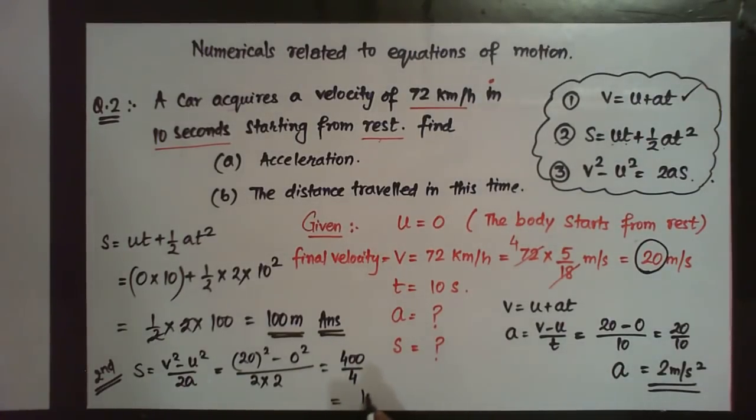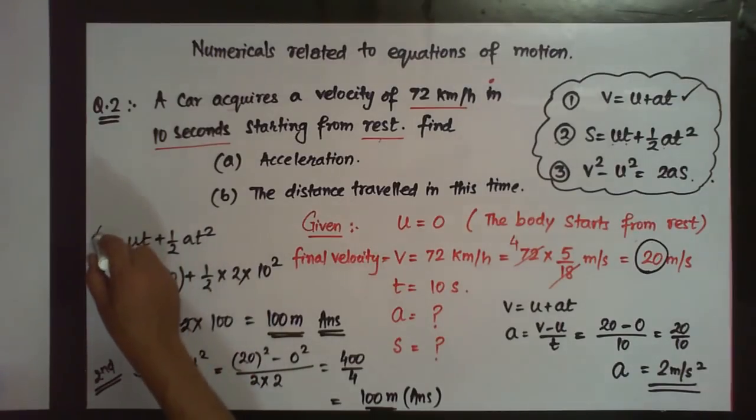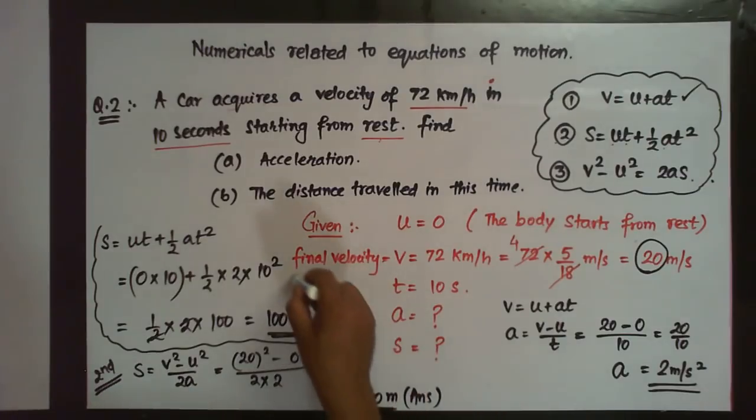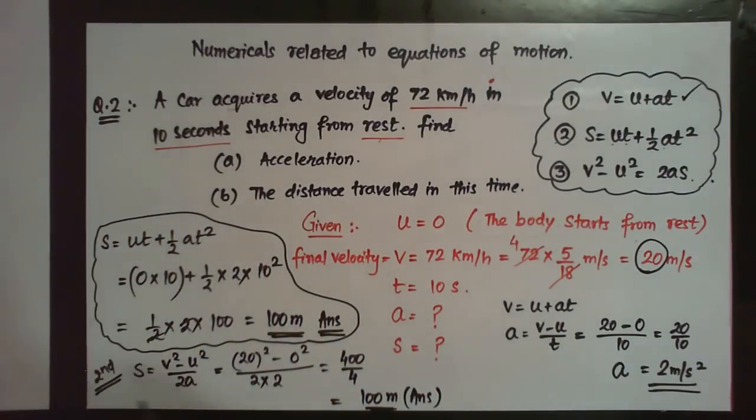So we get 100 meter as the answer. So you can use any one method, and you would get the same answer. Okay, now let us move to a third question related to equation of motion.